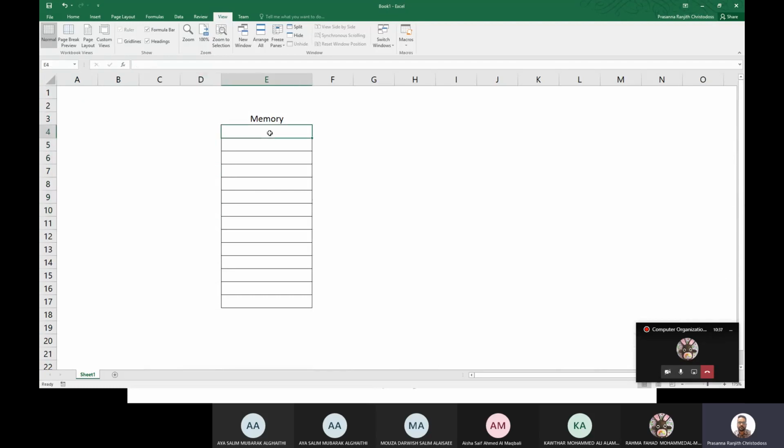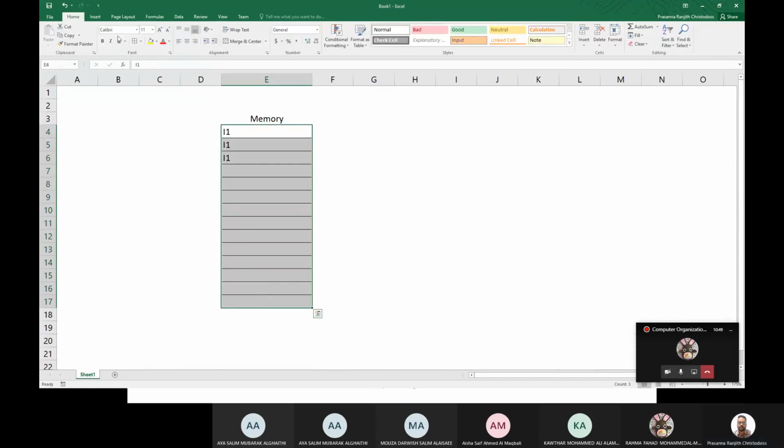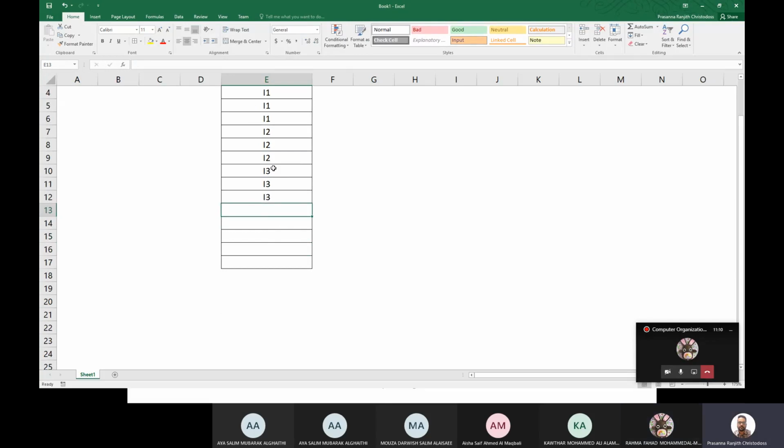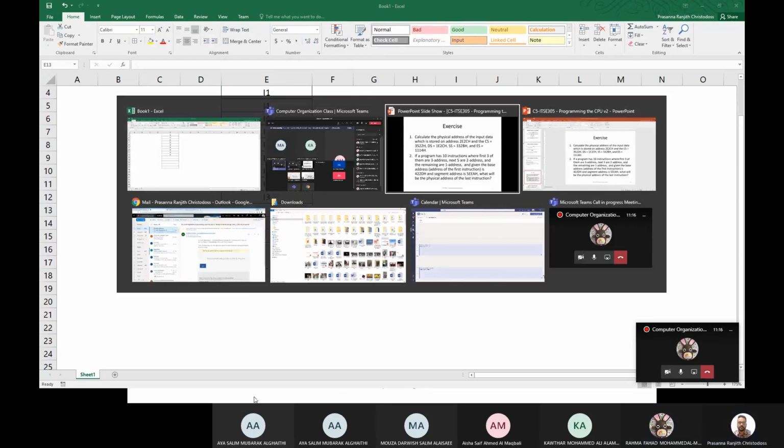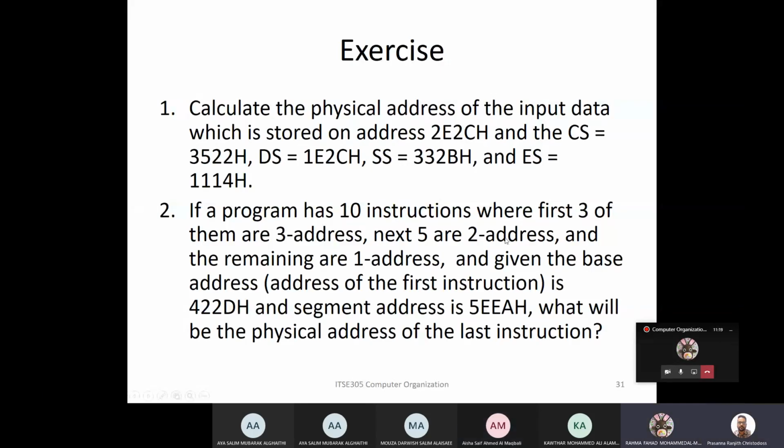I told you this is going to be I1. Why 3 rows? Because the first instruction takes 3 rows, then I2 and I3 take 3 each. Then the next 5 instructions are 2 address.